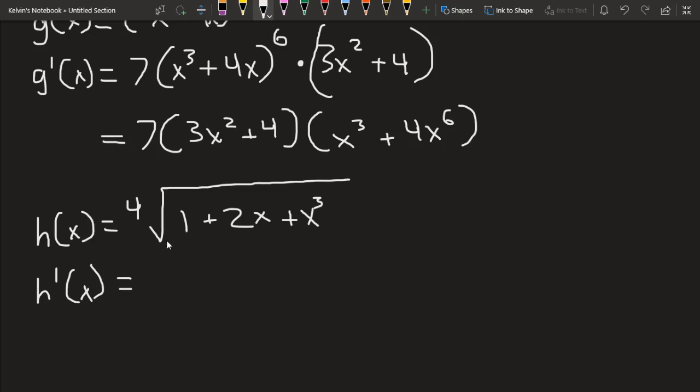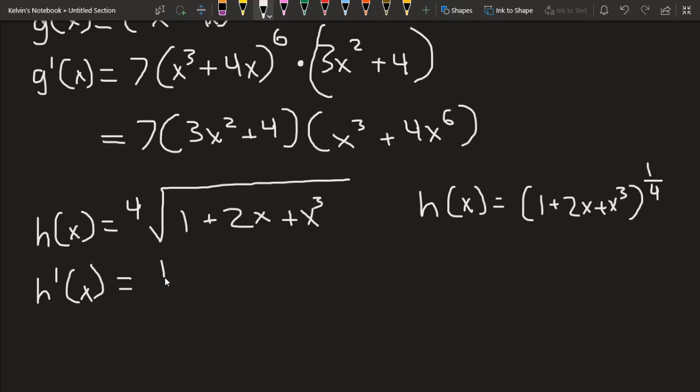So assuming that we did everything correctly, the first step to this problem would be to rewrite it. So this would just be h of x is equal to (1 plus 2x plus x cubed) to the 1/4. And then here we can just apply the general power rule to this.